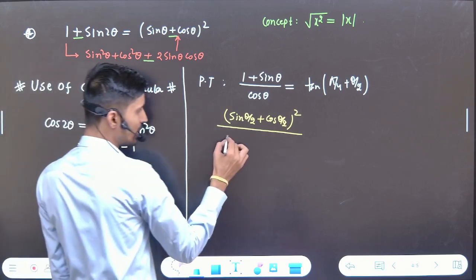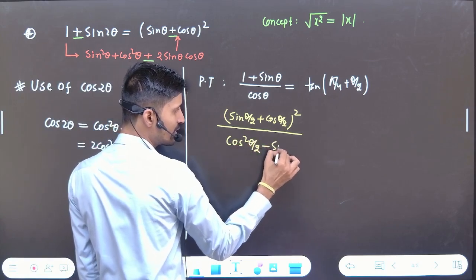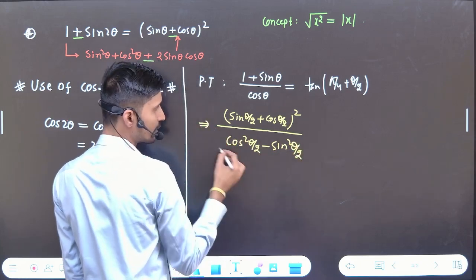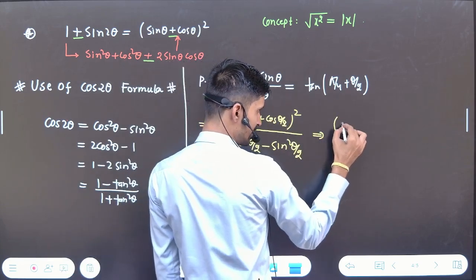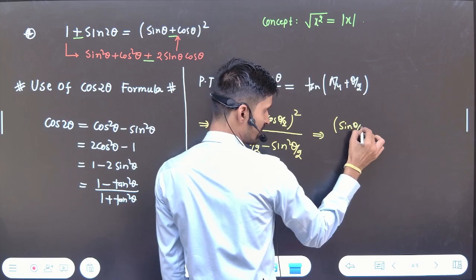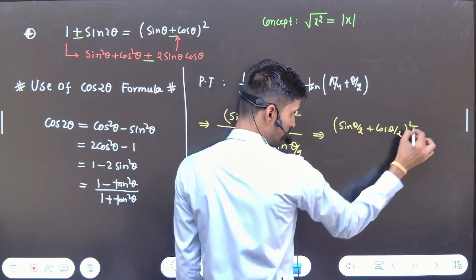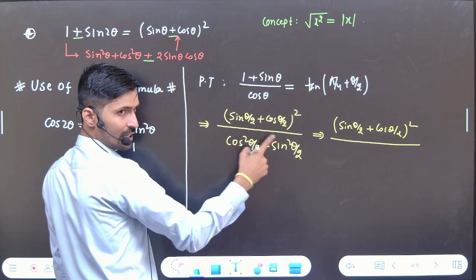So what will I use here? Cos square theta by 2 minus sine square theta by 2. Acha, can I write this? Sine theta by 2 plus cos theta by 2 whole square, no problem, upon cos square theta by 2 minus sine square theta by 2.